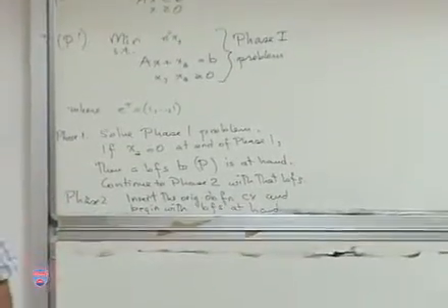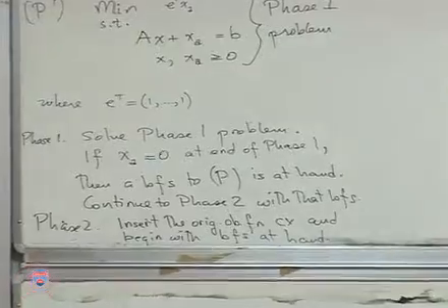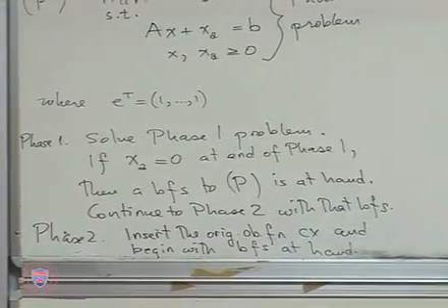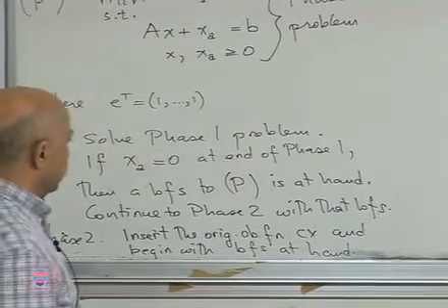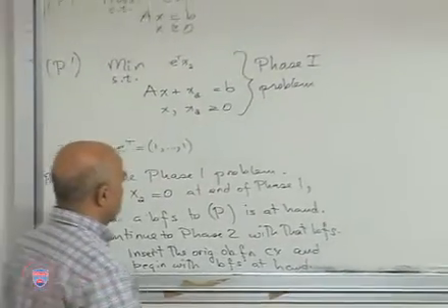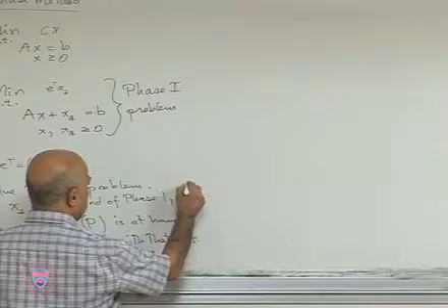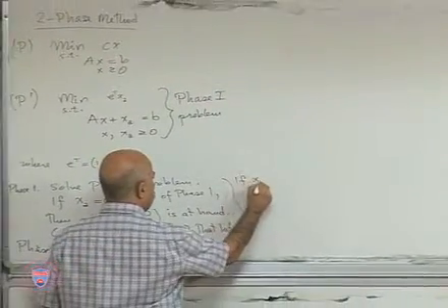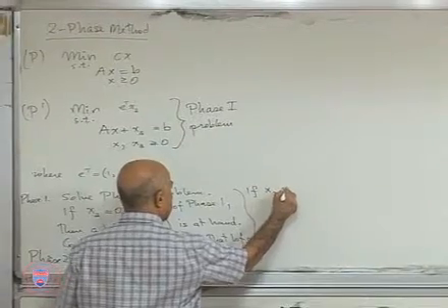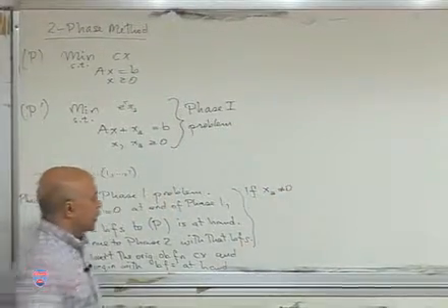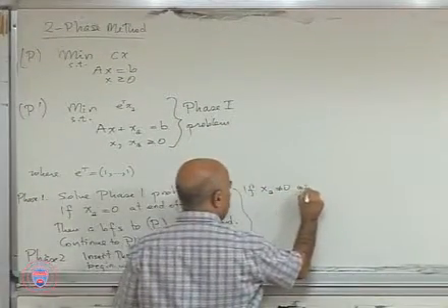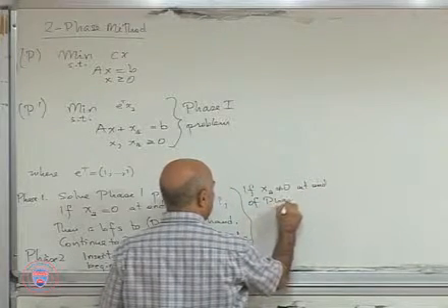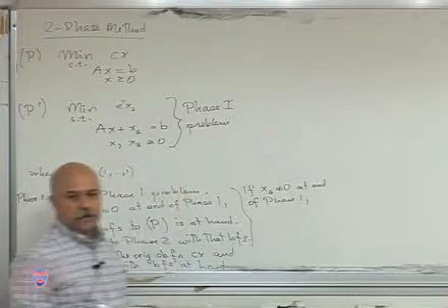Now, of course, phase 1 may also terminate with some artificial variables positive, even though you've reached optimality for the phase 1 problem. Not all of them are 0. In that case, what is the conclusion? So let me just write it here. If xa is not equal to 0 at the end of phase 1, then we don't continue to phase 2.